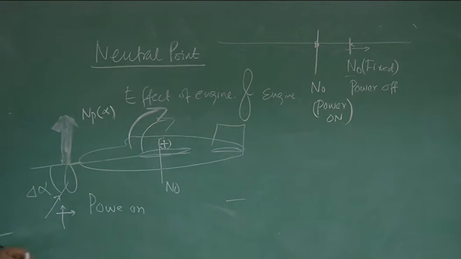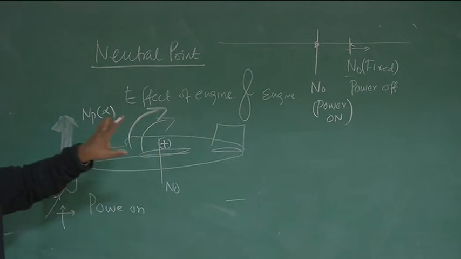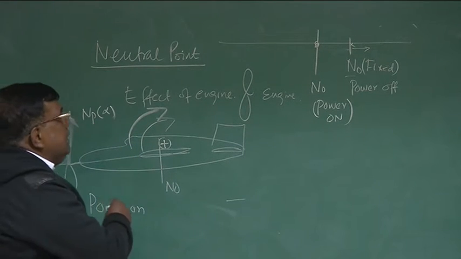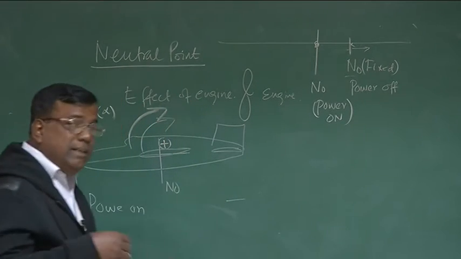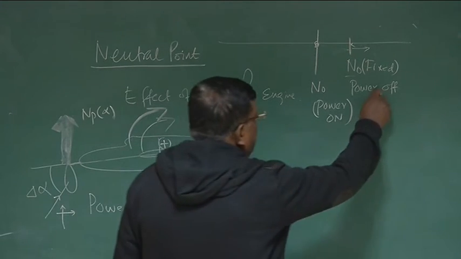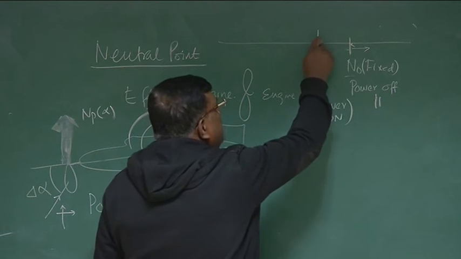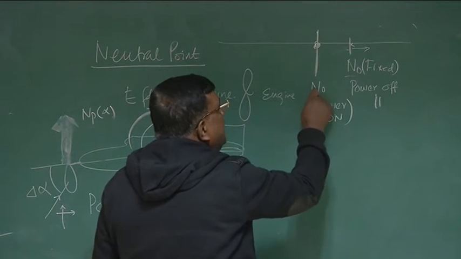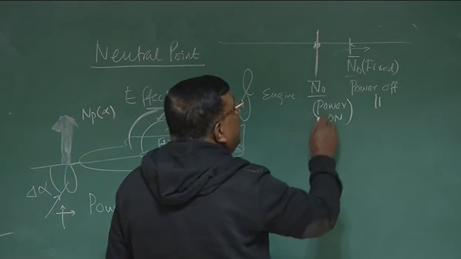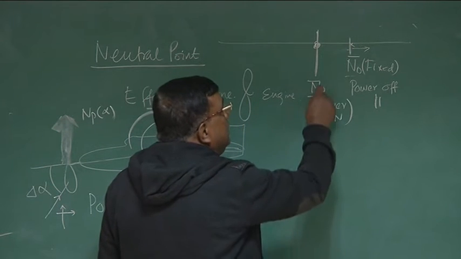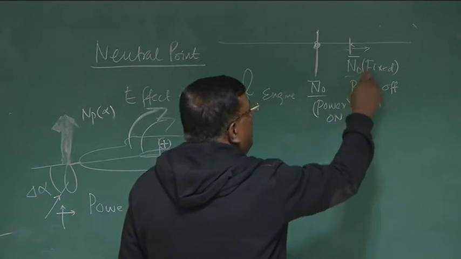And nose-up moment means it is destabilizing for a positive disturbance of alpha. So this will contribute towards destabilizing effect. And hence, the aircraft will become less stable compared to power off. So the neutral point will shift here. So this is the point where I write N naught or N naught bar or XN naught or XN naught bar. This is power on and power off is here.